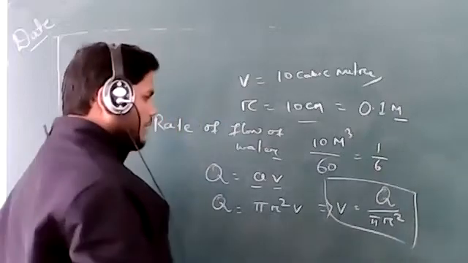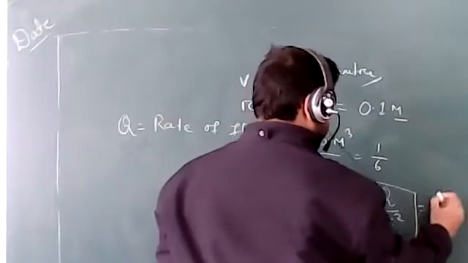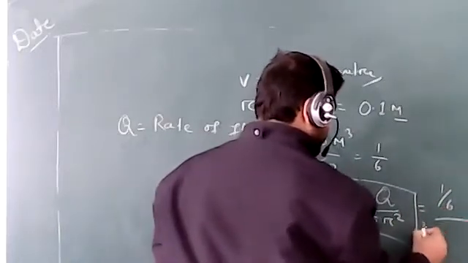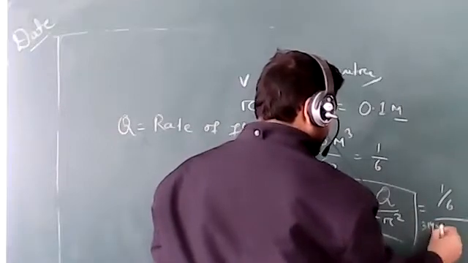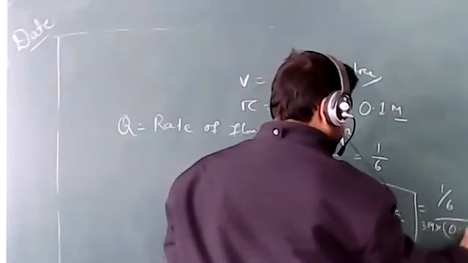Q is given as 1 upon 6. So V equals 1 upon 6 divided by pi r square, where pi is 3.14 and r square is 0.1 square.